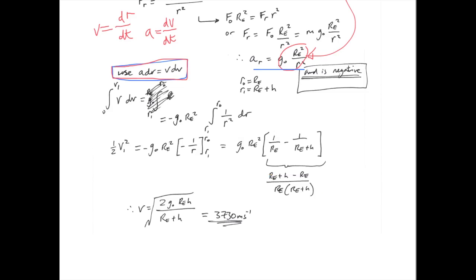Finally, this can all be rearranged to give the final expression for v as a function of Earth radius and height away from the Earth's surface as follows. And we can see this is somewhat lower than it is in the case where we assume the acceleration to be constant.